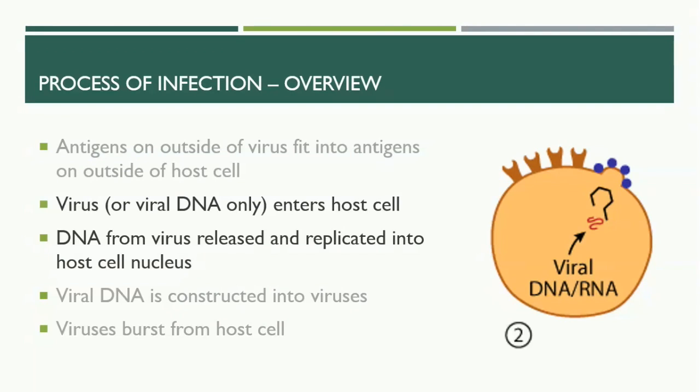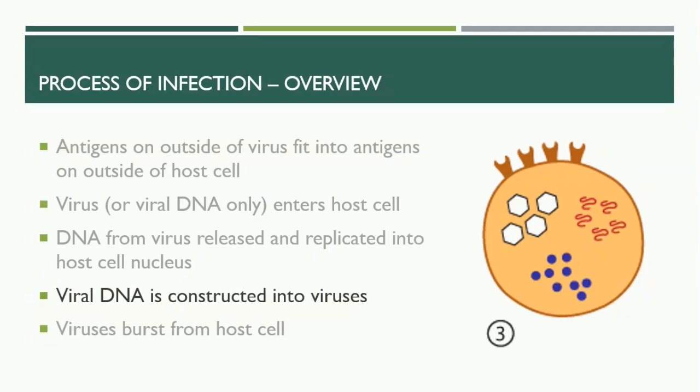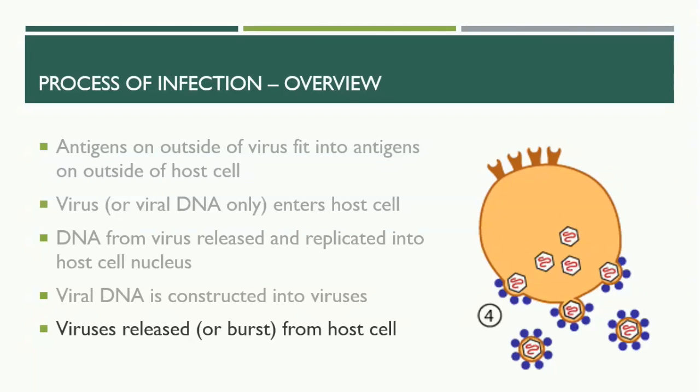Sometimes, especially large viruses will release their DNA into the cell rather than completely entering the cell. With all the DNA replicated, new viruses are constructed within the cell. Once constructed, the newly assembled viruses are either released from the cell, as this picture shows, or they rupture the entire cell and burst out.